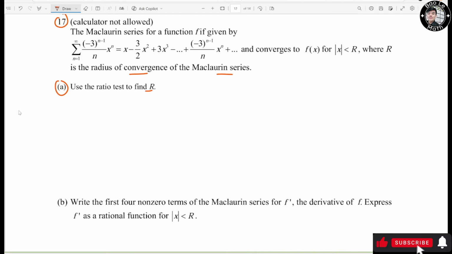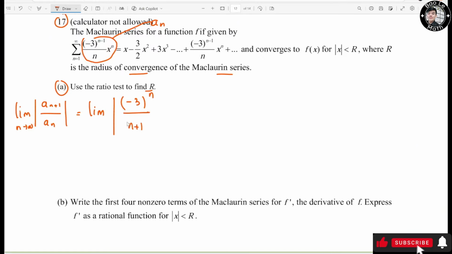Alright, so we have limit absolute value of a sub n plus 1 over a sub n when n approaches infinity equals limit. Right, let this one be a sub n. So a sub n plus 1 is going to be negative 3 raised to the n, right, over n plus 1, right, times s raised to the n plus 1 divided by a sub n.